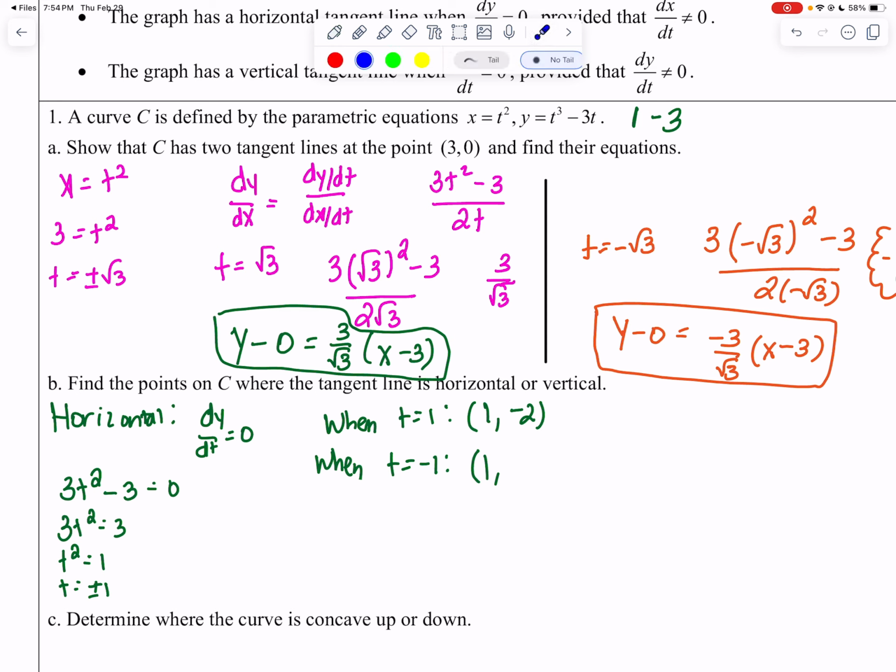And then if I have negative 1 right here, that's negative 1 minus 3 times negative 1, negative 1 plus 3, or positive 2. So this tells me that I have a horizontal tangent line when my coordinates are 1, negative 2, and 1, 2.